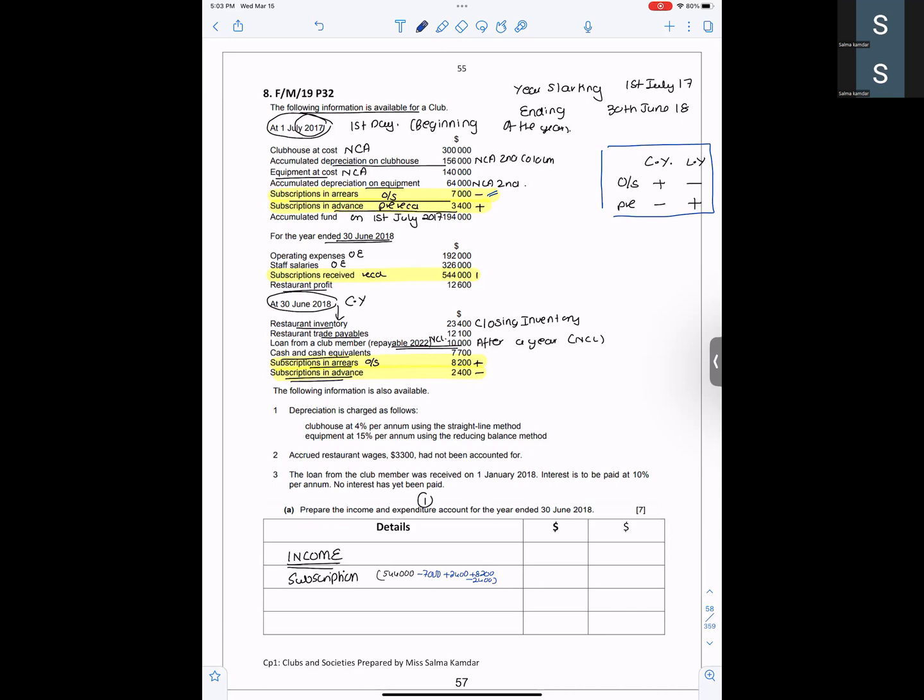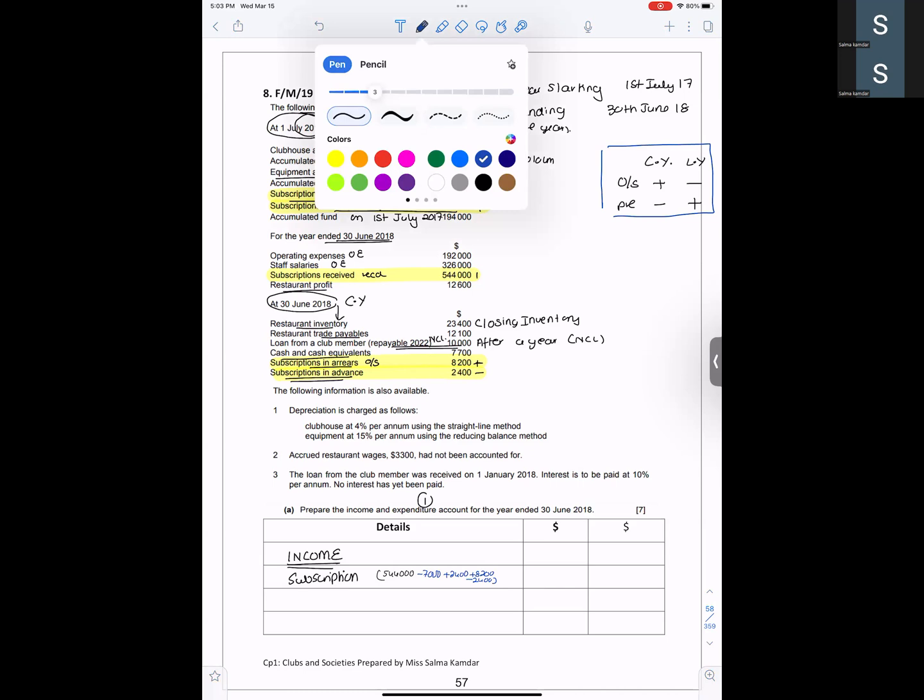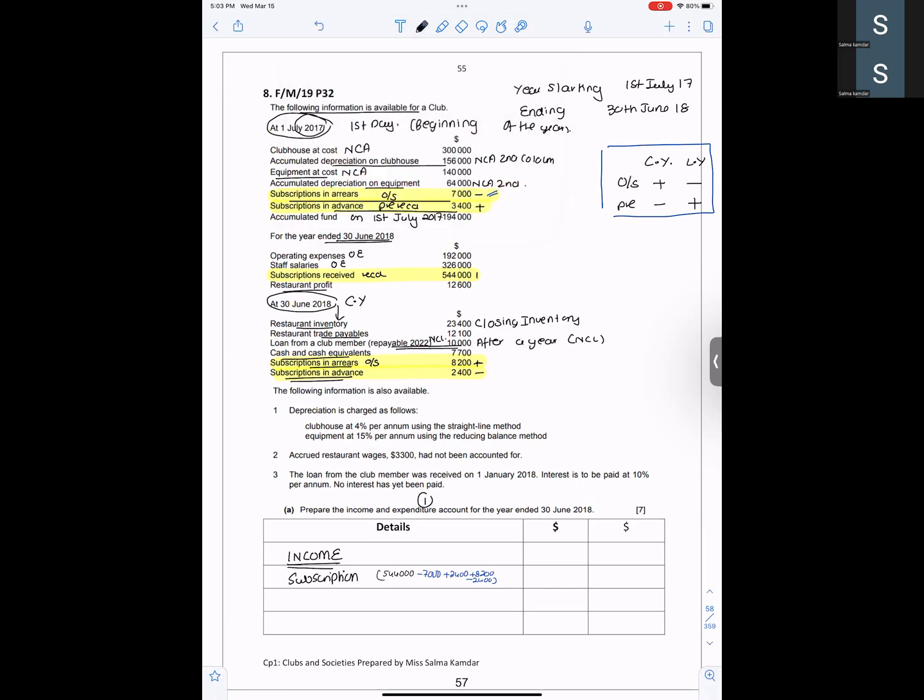So my subscription income for the year is 546,200. I also have restaurant profit 12,600. That means I have calculated the profits and losses from the restaurant and they have given it to me. So restaurant profit is 12,600.